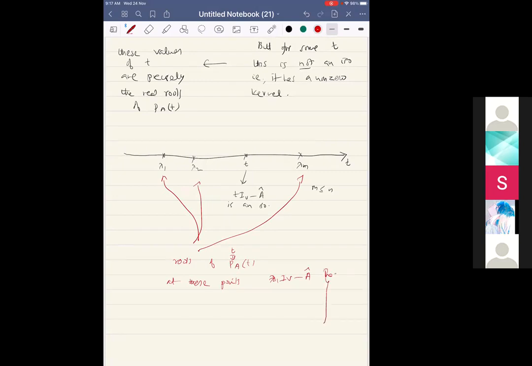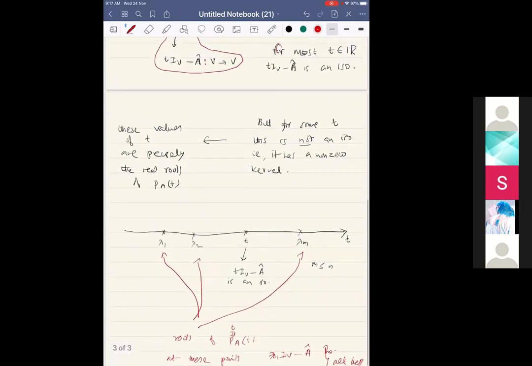So all these, lambda_m I_V minus Â, have non-zero kernels.